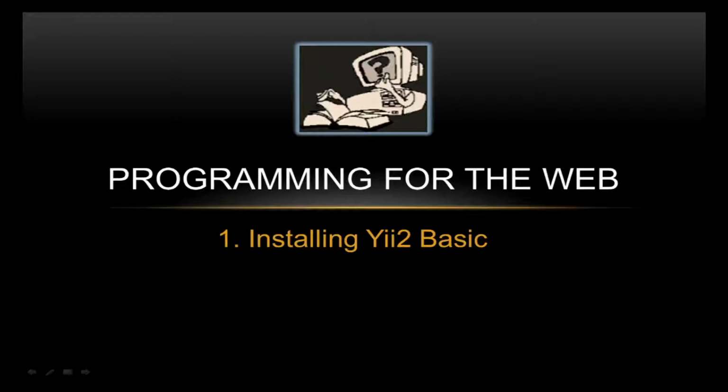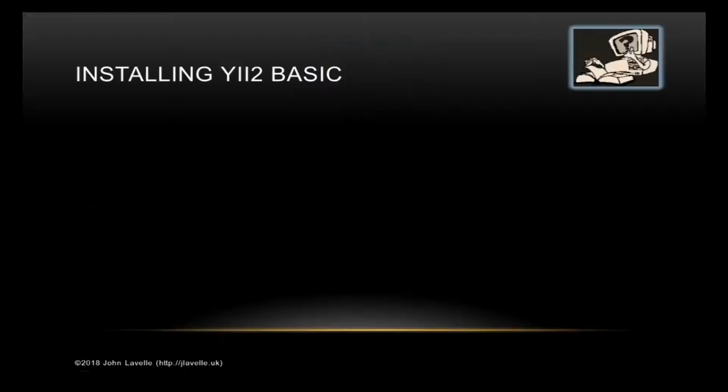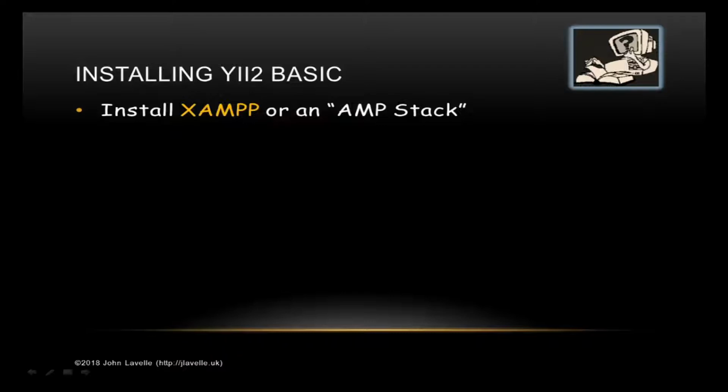Let's have a look at installing Yii. First thing you need to do is have an AMP stack. Now, I'd recommend XAMPP. It's your choice again. If you don't want XAMPP, there are other AMP stacks out there. AMP stands for Apache, MySQL or MariaDB, and PHP or Python or Perl.